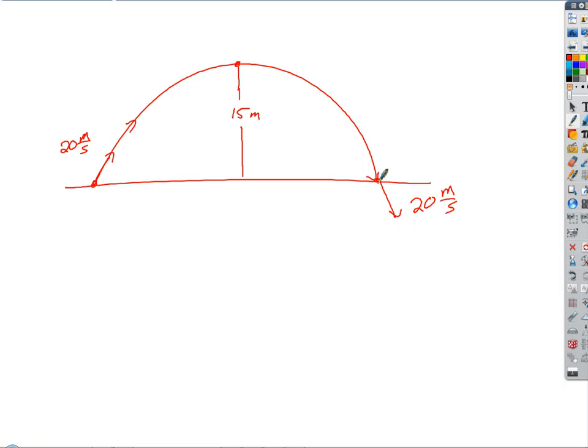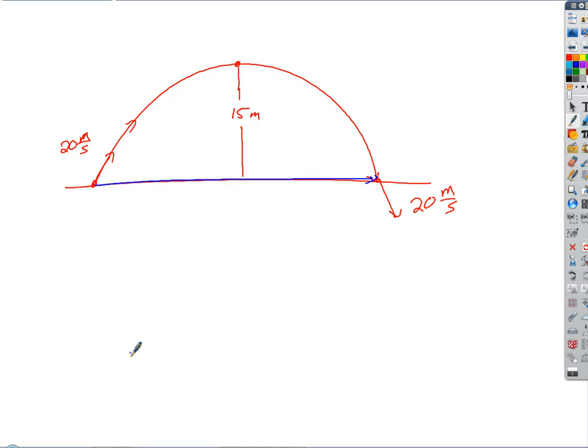So there's no net work done by gravity, because the work done by gravity equals F d cosine theta, and traveling from there over to there is at a right angle with the direction of the force of gravity, which always acts vertically down. Okay, well, so gravity does no net work.